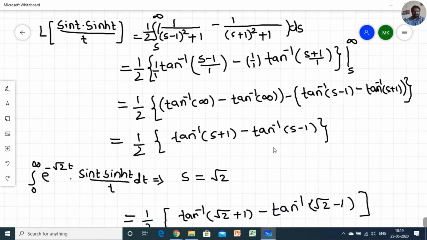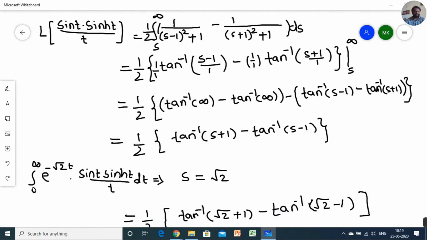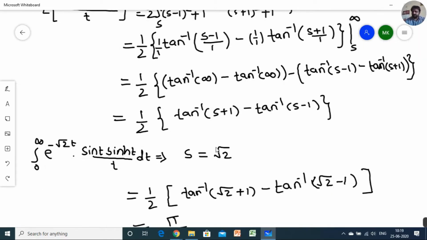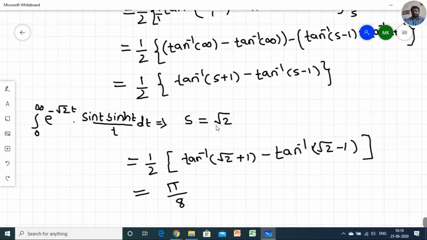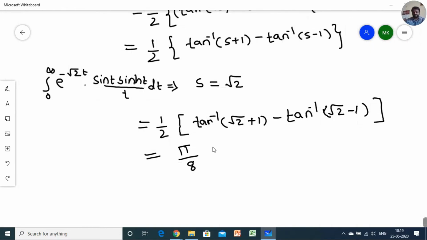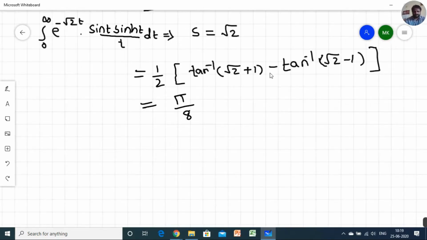At the end, the given question was in the format of integral 0 to infinity, a definite integral, so we got the value s equal to root 2. We just substitute root 2 in our second last step, so by substituting s equal to root 2 in this equation you will get pi by 8. Now we'll move to the next question.